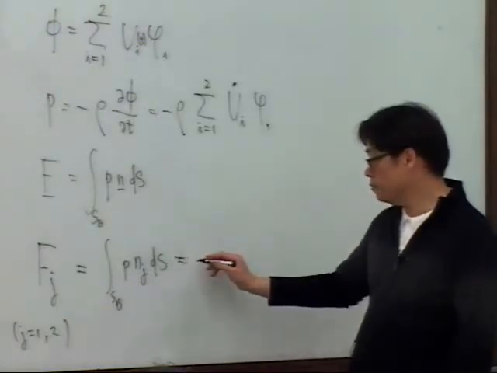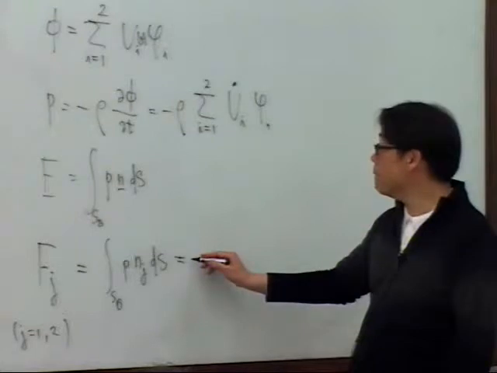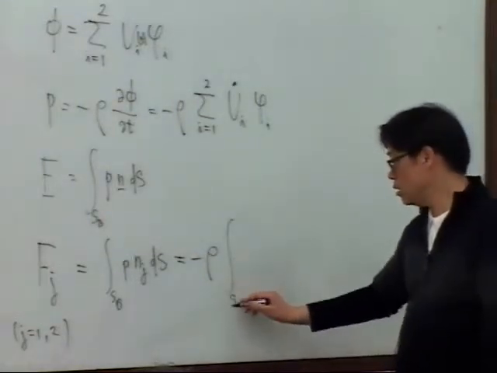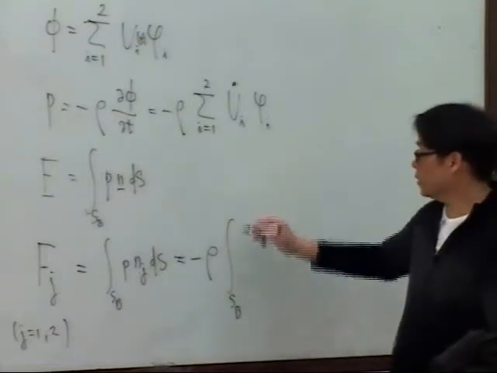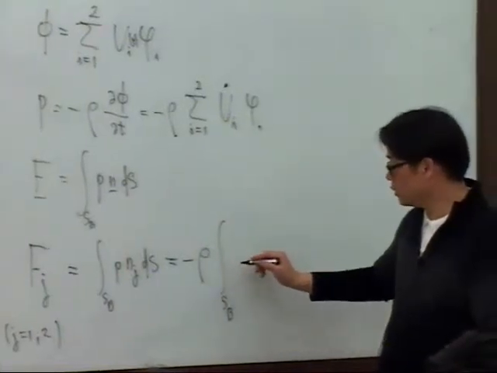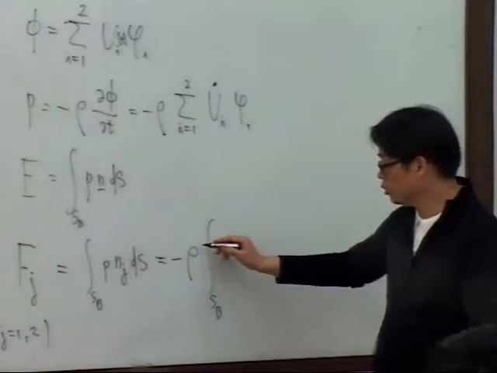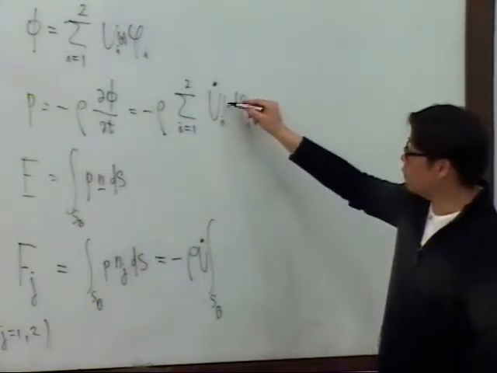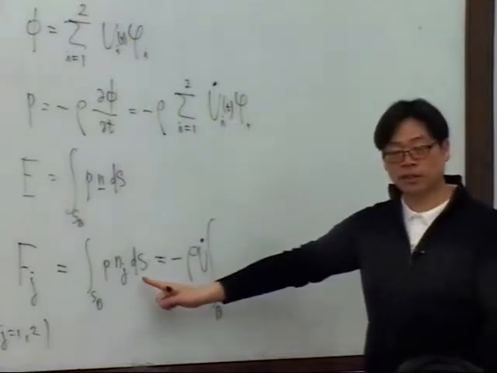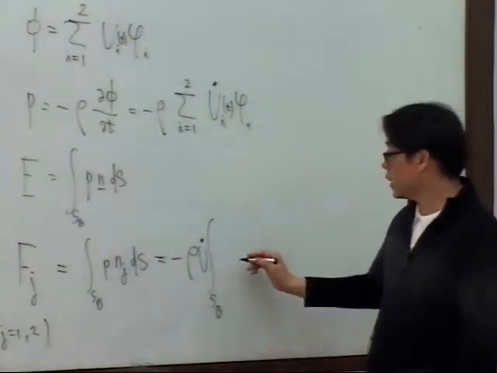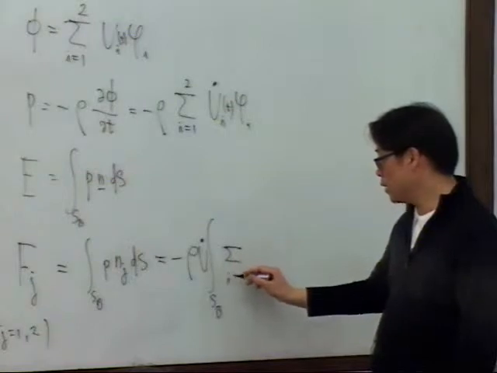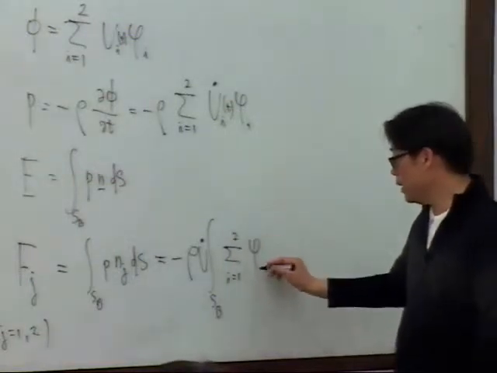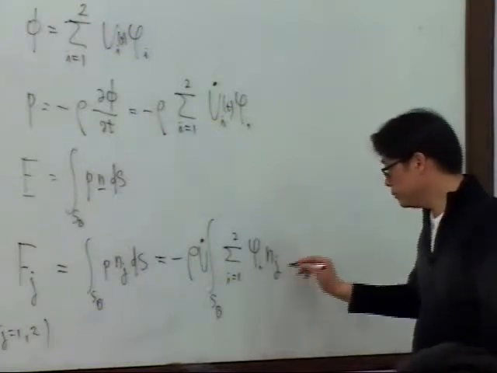And then I have minus rho. And then I can pull out u dot here, because it depends on time only, so it doesn't affect the integration. And then I have the summation i equal to 1 to 2 of φ_i n_j.